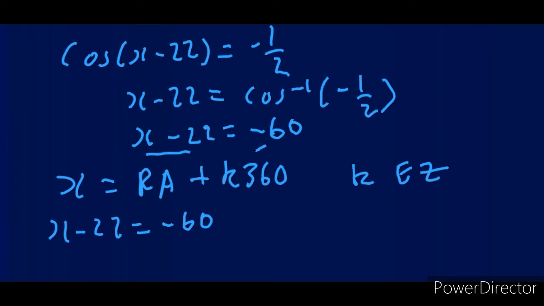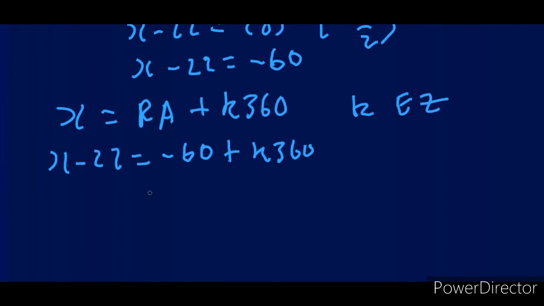Whenever you've got this type of situation, you take what is at your left hand side as though it's x, and what is at your right hand side as though it's the reference angle. Since it's positive in the first quadrant, it's just reference angle plus k 360, and we know that k is an element of integers. So from here, now we can solve. Then we're going to end up having x equals minus 60 plus 22 plus k 360.